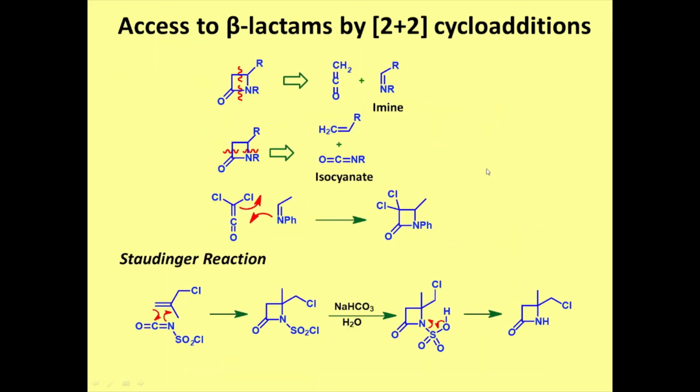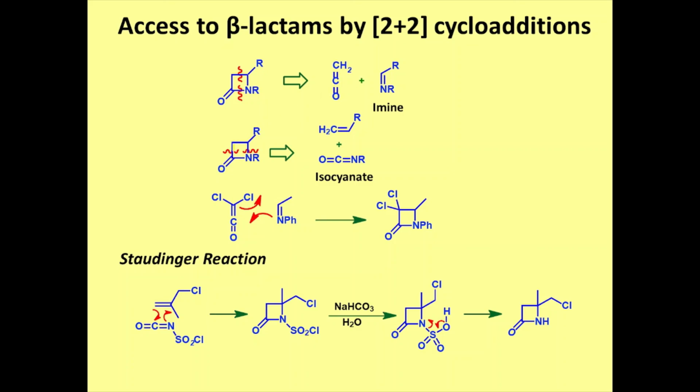And now I'm towards the end of this lecture. As I said, we will talk about the access of beta-lactams by 2+2 cycloaddition reactions, and first we will see some synthetic equivalents or synthons of these beta-lactams. As you can see over here, a ketene can be one component, and an imine, a substituted imine, can be another component, and from there on we can have the beta-lactam systems.